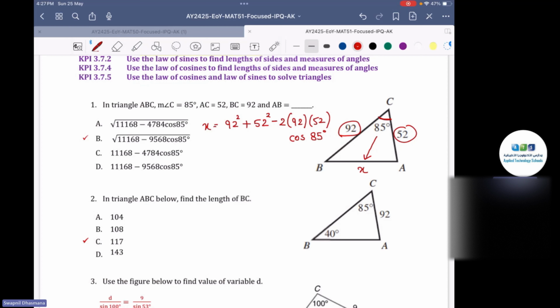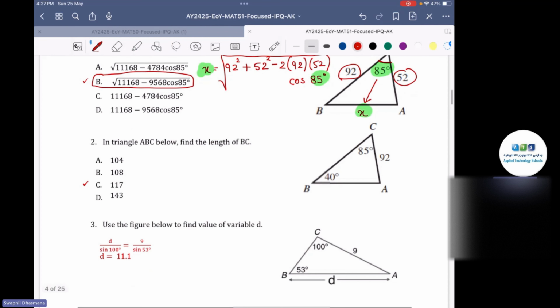So make sure that if you're taking 85, the opposite side has to be x. So I hope that is clear. And don't forget to square root the whole thing or square the x. So as you can see, when you solve it, you will get this answer.